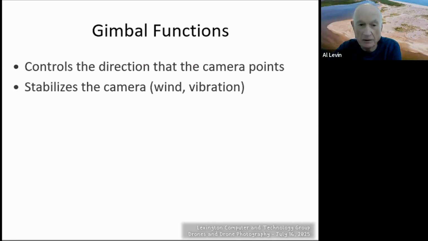The gimbal not only controls the direction in which the camera points, but it also stabilizes the camera in wind and vibration, because the gimbal receives instructions from the central processor that helps it to deal with vibrations and wind velocity.